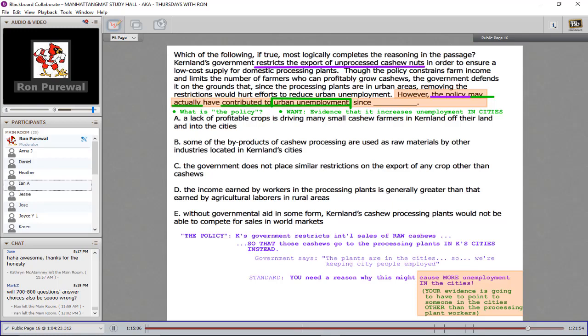So this would definitely explain it. Farmers who just randomly show up in the city are not going to have jobs, at least not at first. So this is the answer we want.